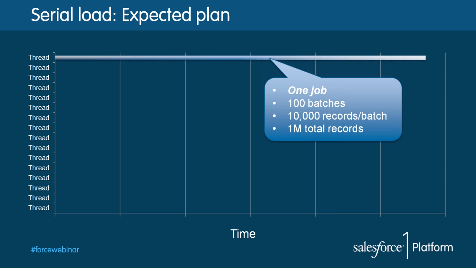When the first one finishes, we'll get on to the second one, and so on, and that will take a period of time. We're not using any other threads. Even though we could use maybe 20, 30 threads, depending on how many are available to us, and that number will go up and down, we have only one thread being used.